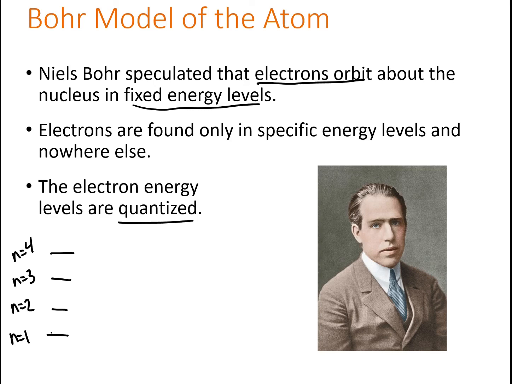So if you have an electron or two electrons at n equals 1, that's energy level 1, and you want to get it to energy level 2, you have to feed it a certain amount of energy for it to jump up to n equals 2. There is no n equals 1.5.